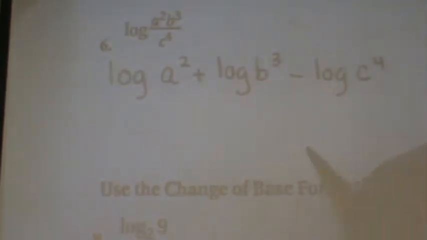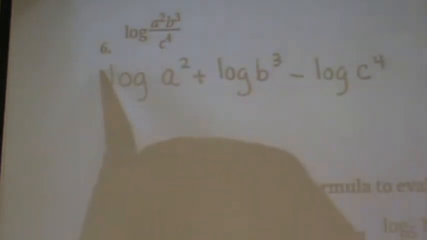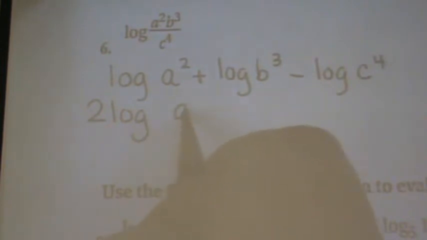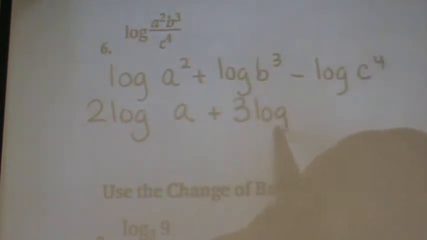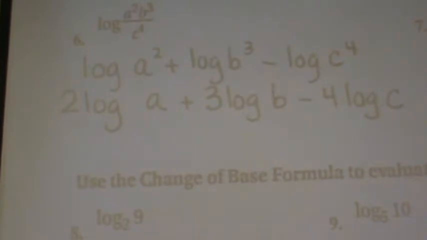Now these powers don't belong where they're at. Where do they go? In front. Each one of them goes in front. So 2 log of a, and they're all base what? 10. Do we need to write base 10? No. And we're done with that one.